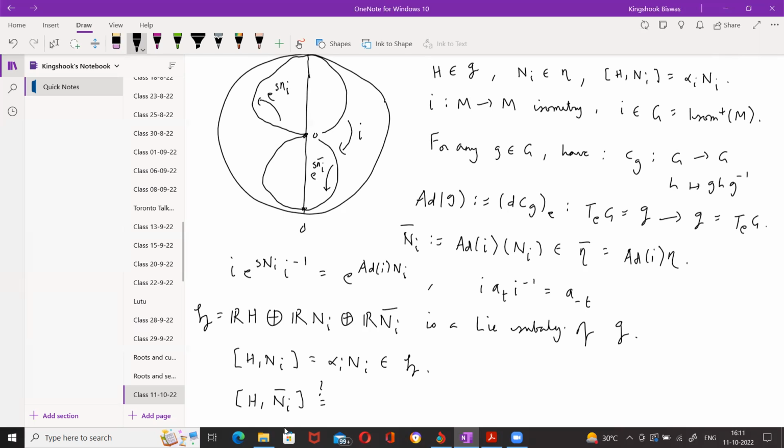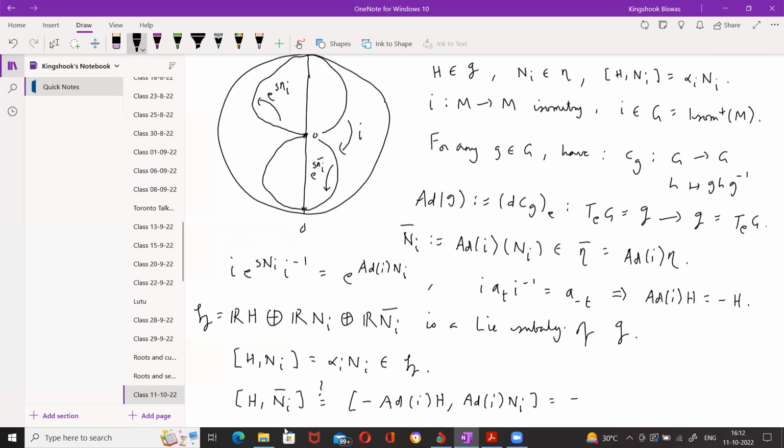So when I differentiate with respect to t at t equal to 0, Ad I of H is equal to minus H. So I can write H as minus Ad I of H, and N_i bar is Ad I of N_i. Now Ad is a Lie algebra homomorphism, so I can take the Ad I outside.